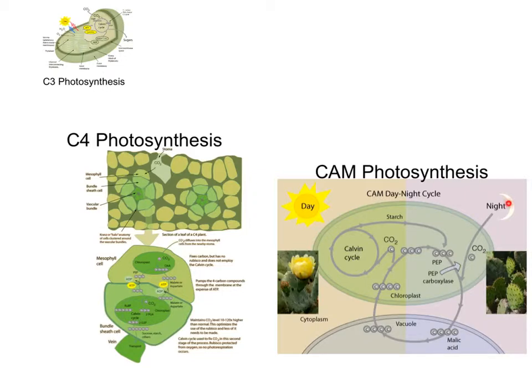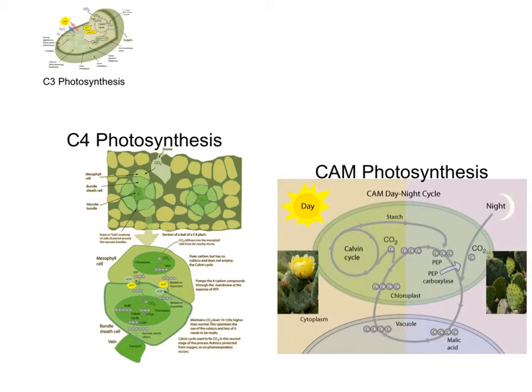So what they do is at night they open up their stomata and allow CO2 in and oxygen out. Again, PEP is used to take CO2 and make it into malic acid, and it just puts the malic acid in a vacuole. Now, a vacuole, remember, is an organelle in which the plant can store various materials.